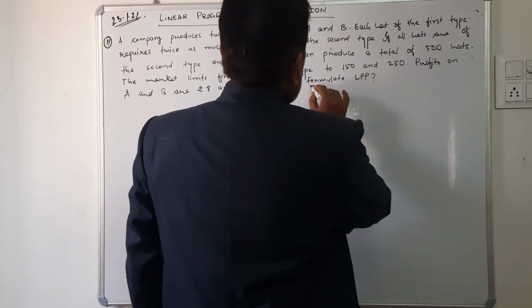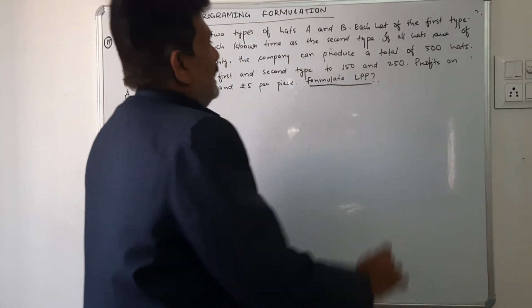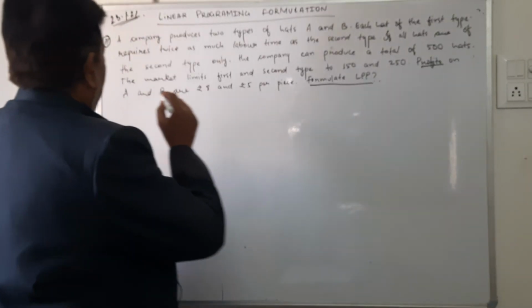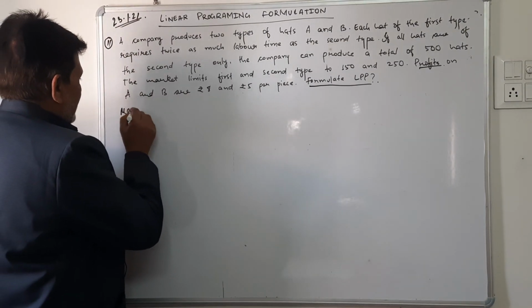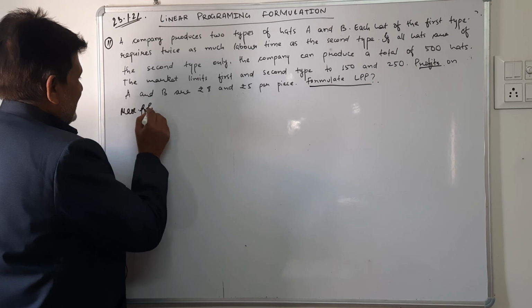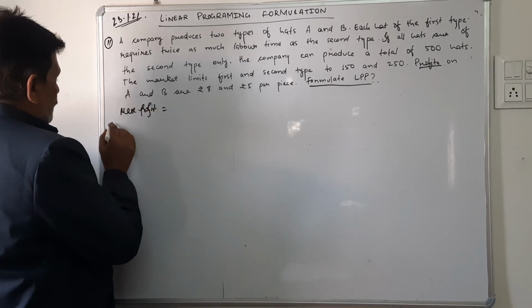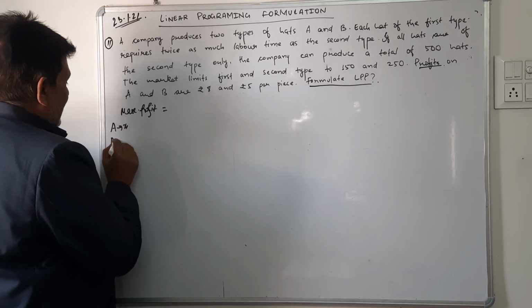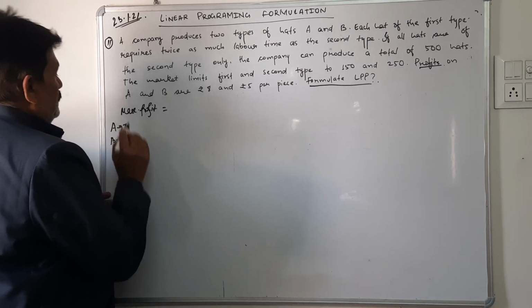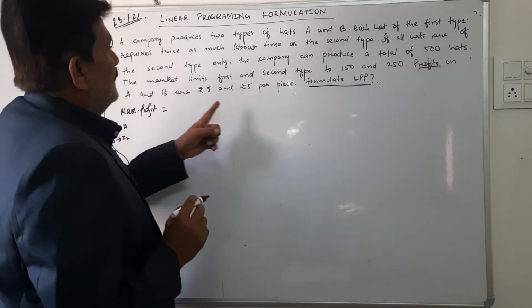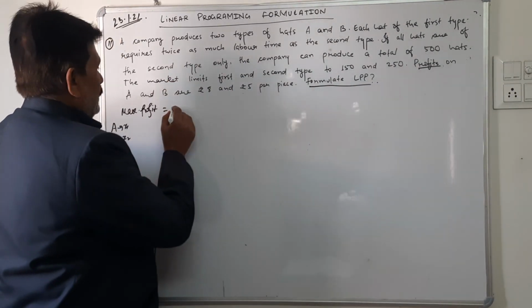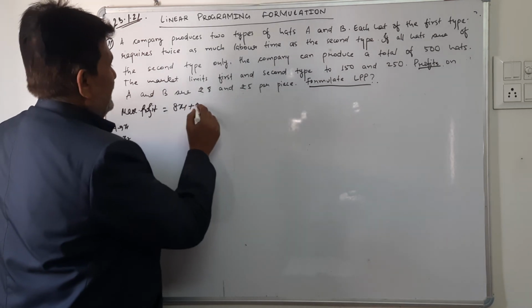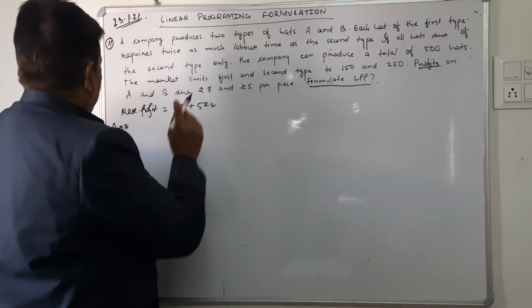Formulate the LPP. Obviously, we are given the profit, so this relates to a maximization problem. So maximize profit. Now type A we let x1 and type B we let x2. So the profit on A is 8: 8x1 plus 5x2.